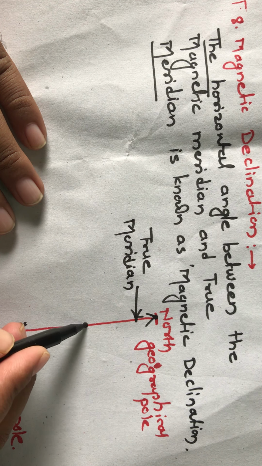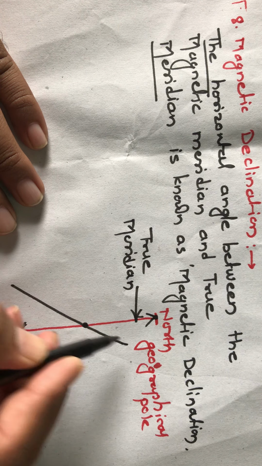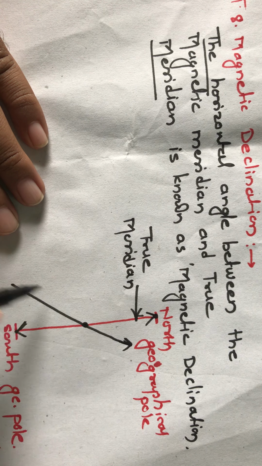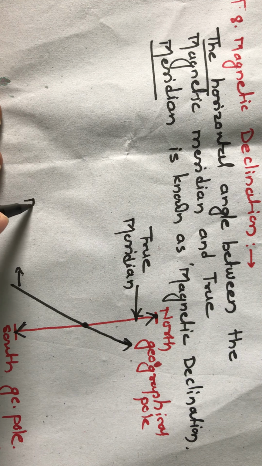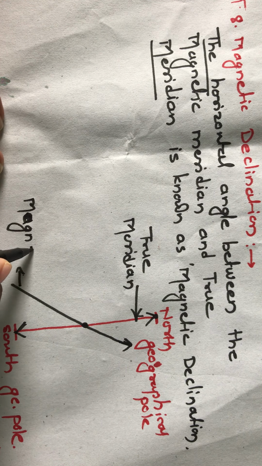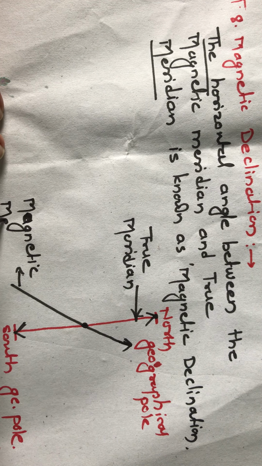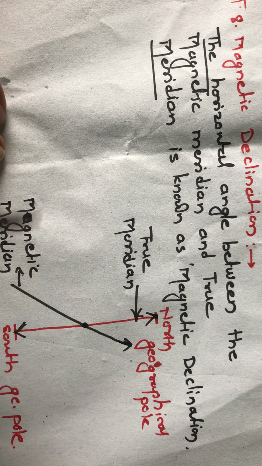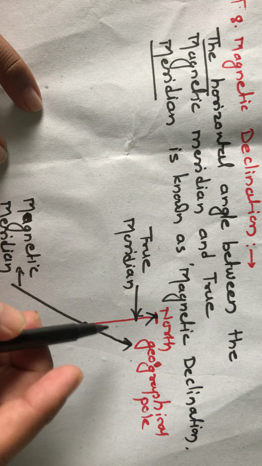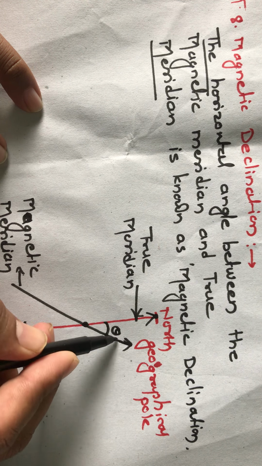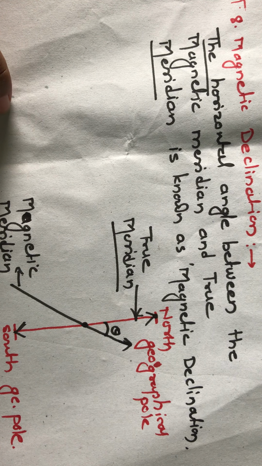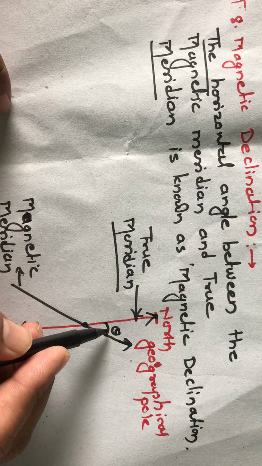But a line which shows the direction of the magnetic needle is what we call a magnetic meridian, correct? So the horizontal angle between the magnetic meridian and the true meridian is known as magnetic declination. This is the theta, the angle between the true meridian and the magnetic meridian.